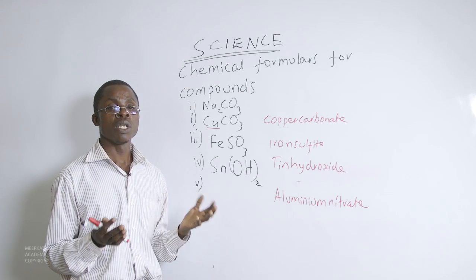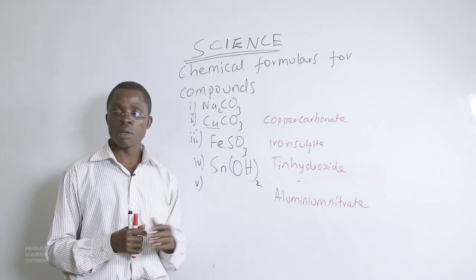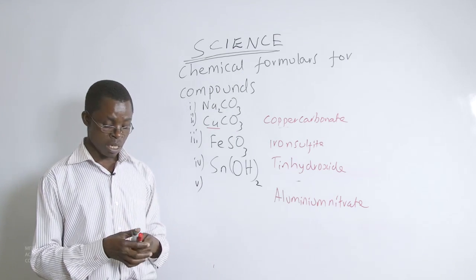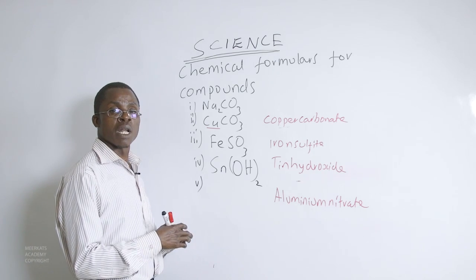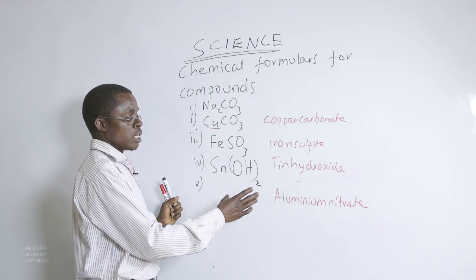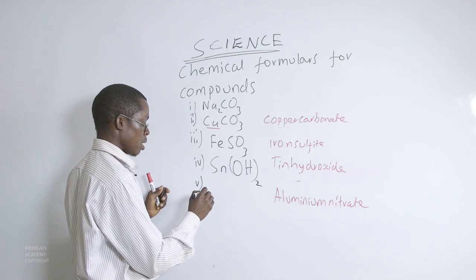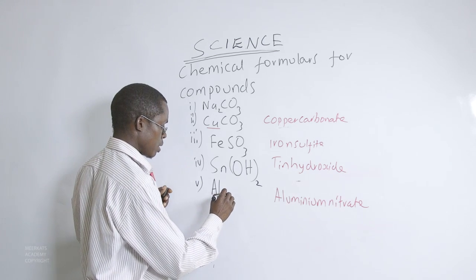That's our point of interest, chemical formulas of compounds. So you have been given a name, aluminium nitrate. Get a chemical formula. How do you go about it? First of all, write the formula of the element and the radical as they appear in the name. Let's do it. Aluminium nitrate.